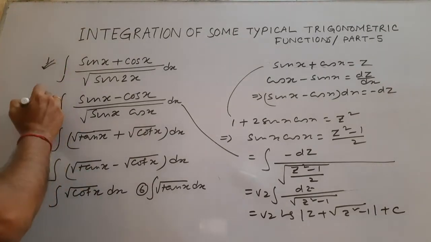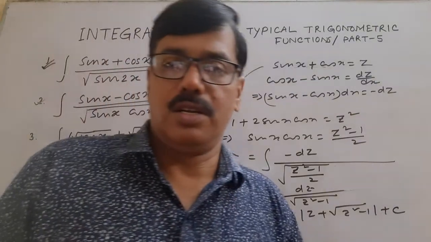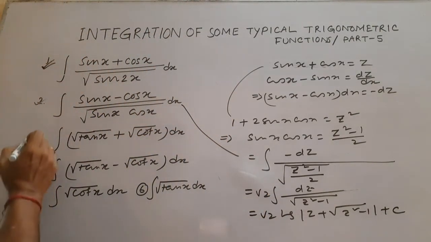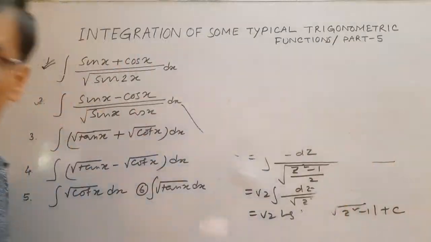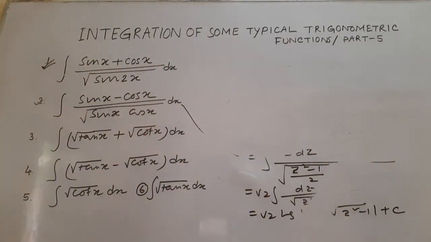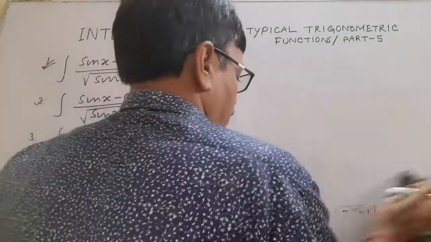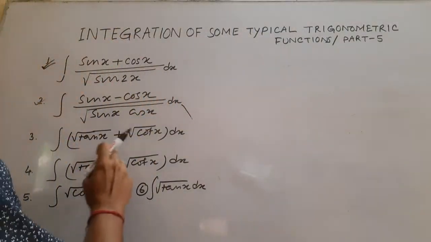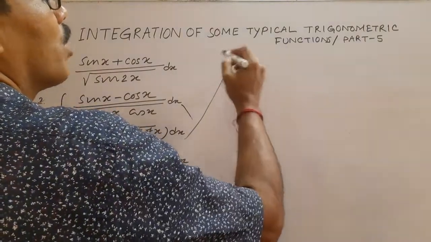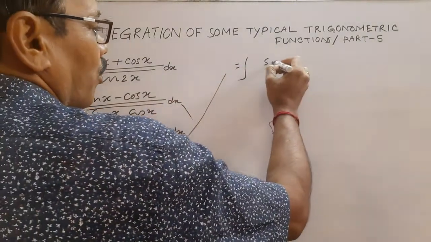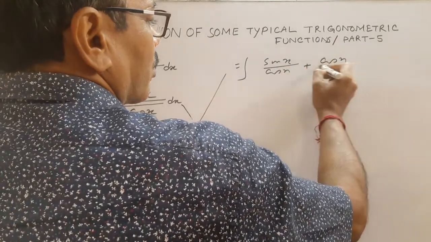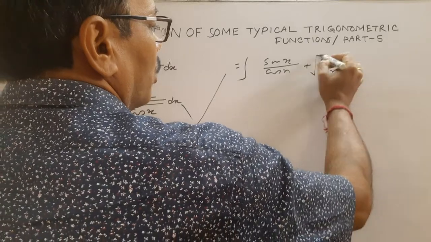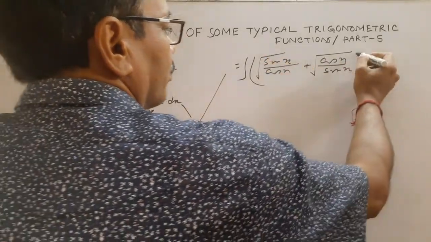So these two problems are the most important problems to solve 3, 4, 5 and 6. So look, problem number 3. If you write it in terms of sin and cos, sin x over cos x and cos x over sin x, both are within the root.